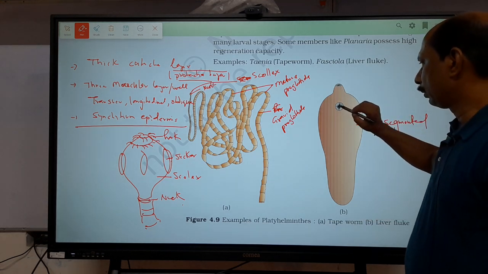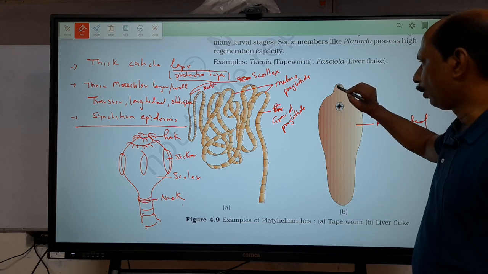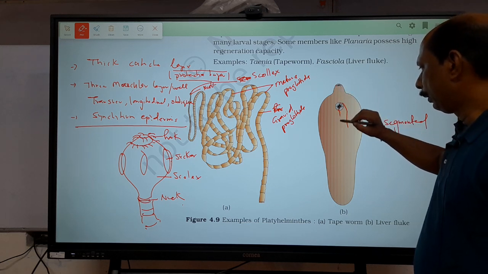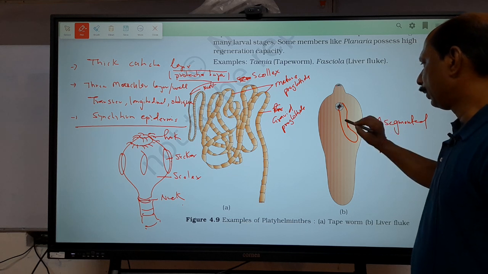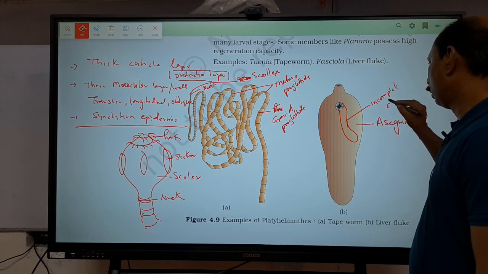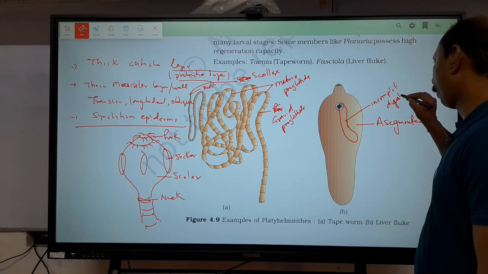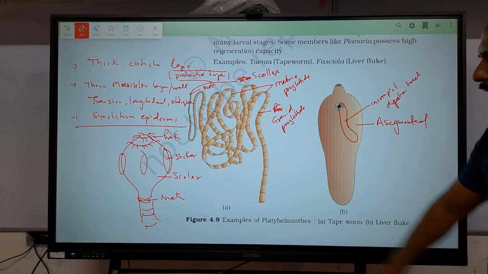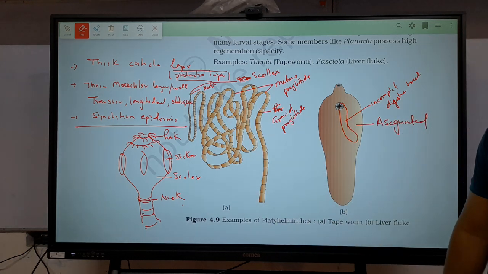In this case only one opening is there, and it is an incomplete digestive tract. Only one opening is there, but in tapeworms no digestive tract is there.